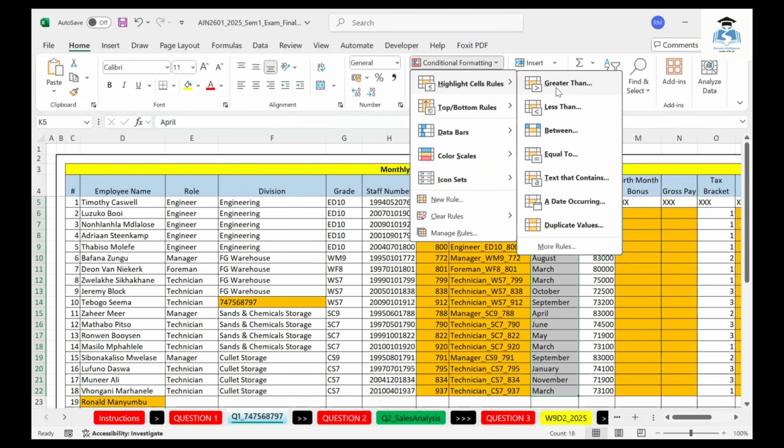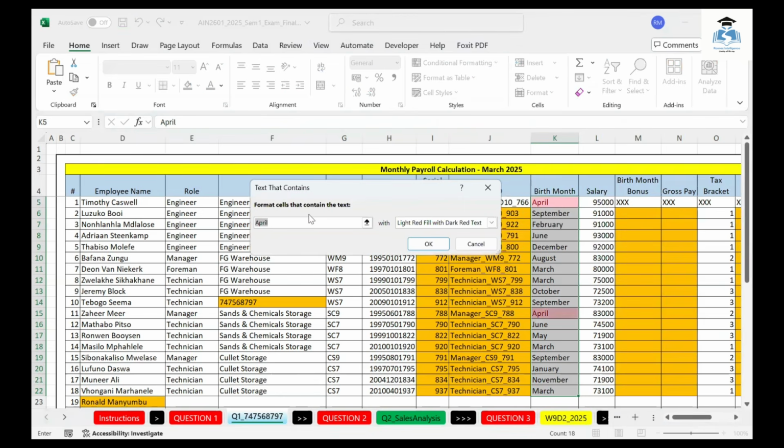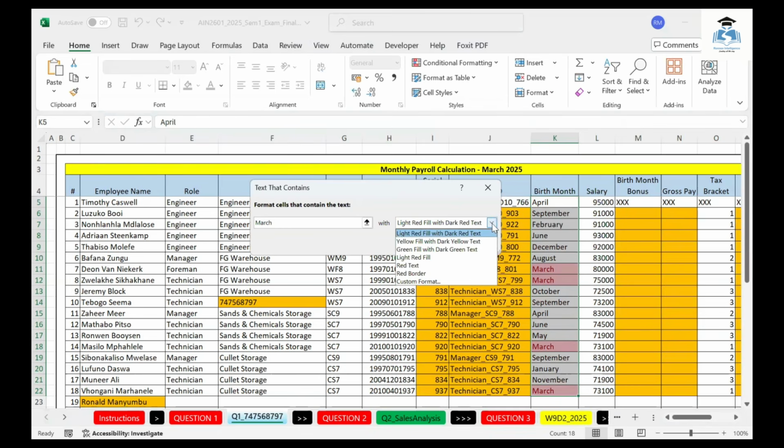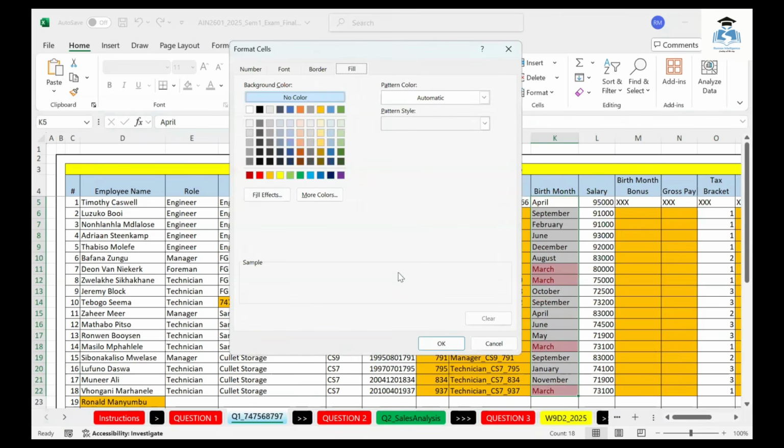Remember, it's a text, so go to Text that Contains. And what do you want? It's March. And you go on the fill. And then custom, and then you click orange.